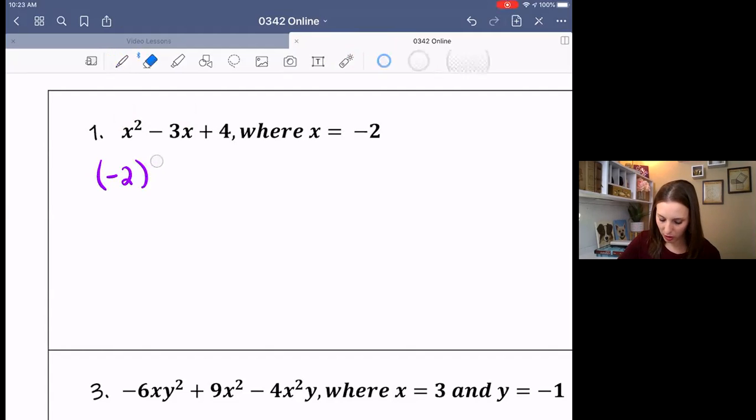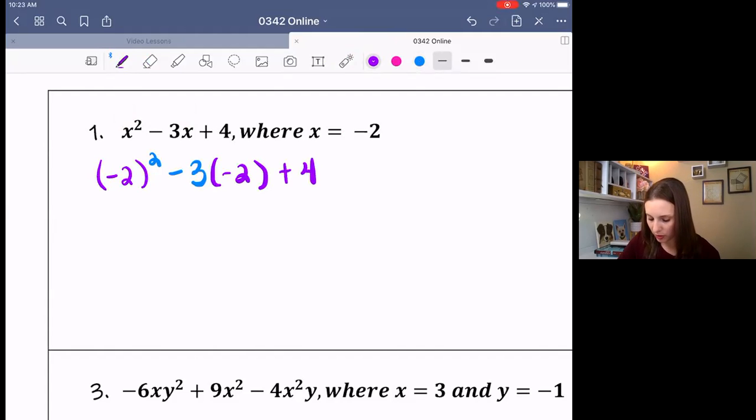I'm actually going to do a different color here so that you can see what I'm doing. So I'm putting the substitution in purple and then the original in blue. And you can see that in place of x went -2. I put it in parentheses just to show that I'm substituting it in.